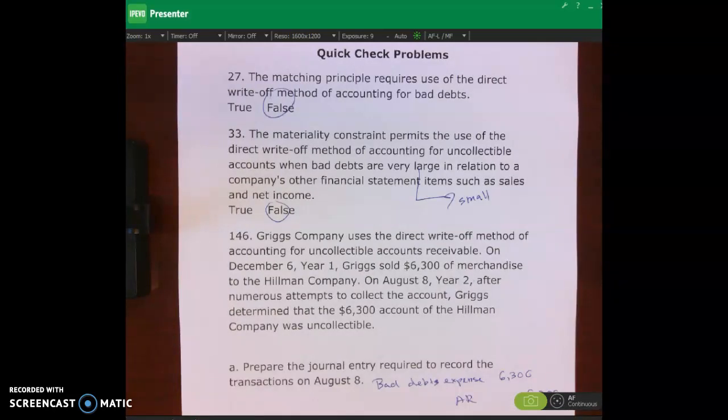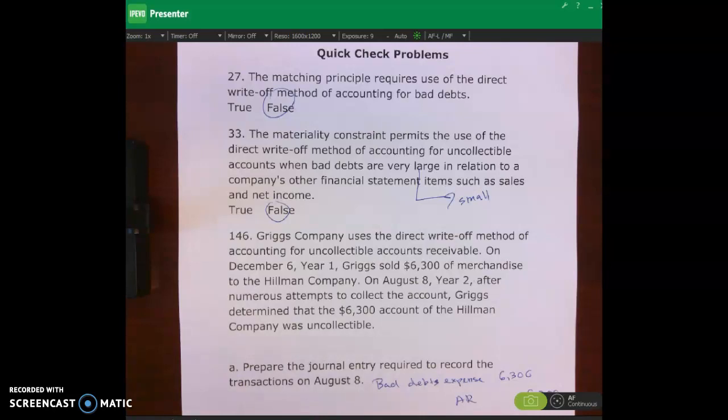Okay, so let's look at these problems. The first one, number 27: the matching principle requires the use of the direct write-off method of accounting for bad debts. No, the direct write-off method actually violates the matching principle, and that's what we were talking about.